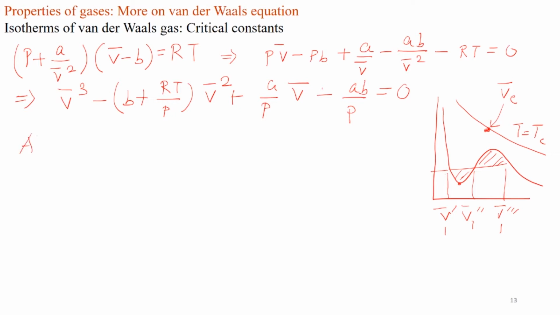So at the critical point, we can write that the roots of the equation are degenerate, or all three roots of the equation are degenerate.